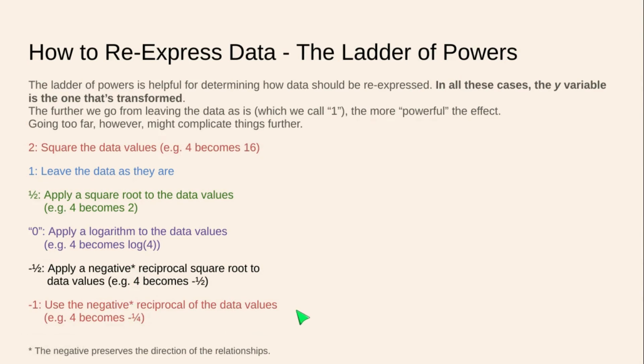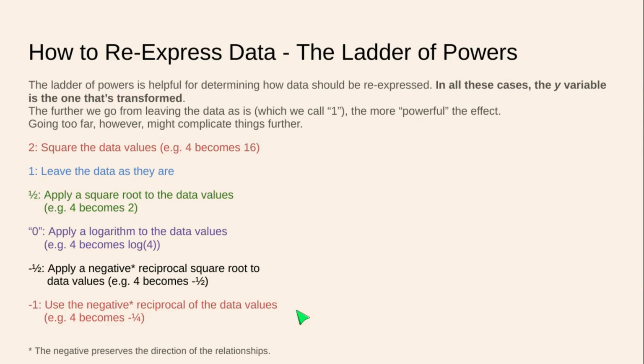The negative preserves the direction of the relationships. You may remember earlier in this lesson, there was a set of bivariate data that was curved down and to the right. Once I applied a transformation to that data, the data appeared more linear, but it was going the opposite way. It was up and to the right.